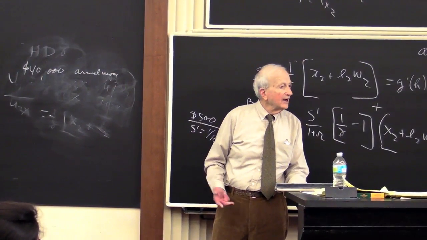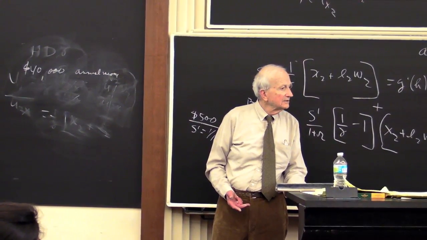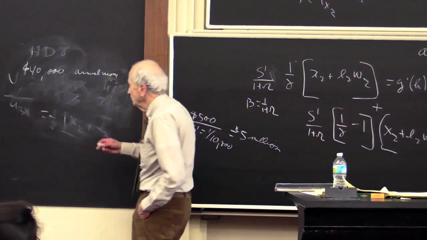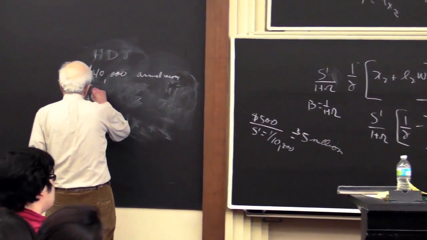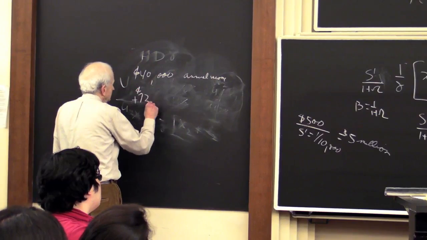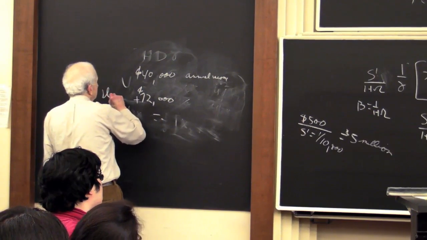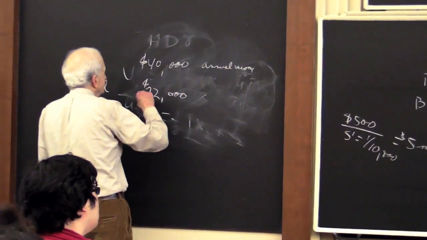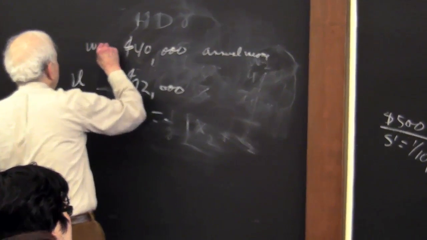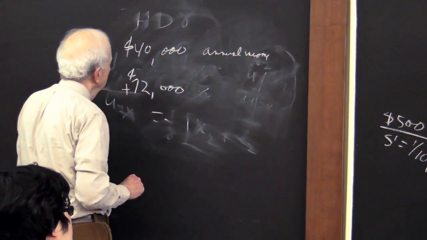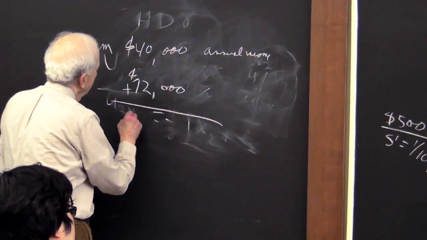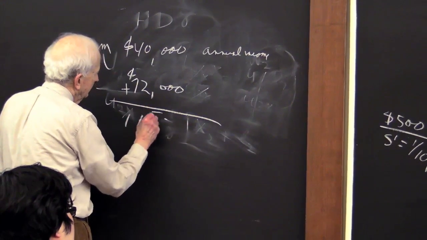That's 72,000, I think, right? So plus 72,000 for L. This is earnings, so it's WM. This is L. And I get like 110,000.